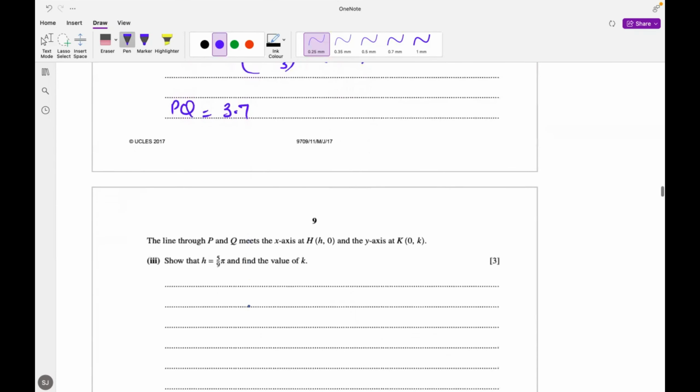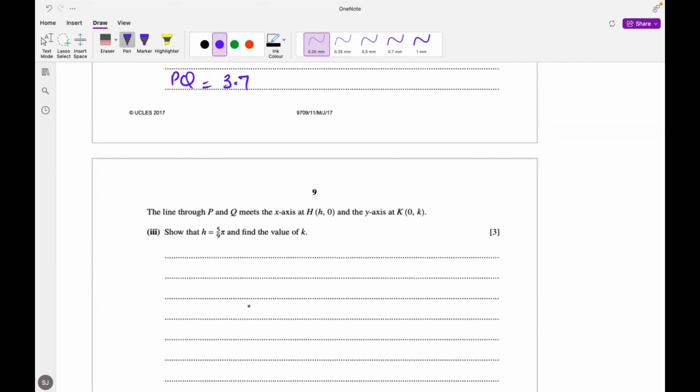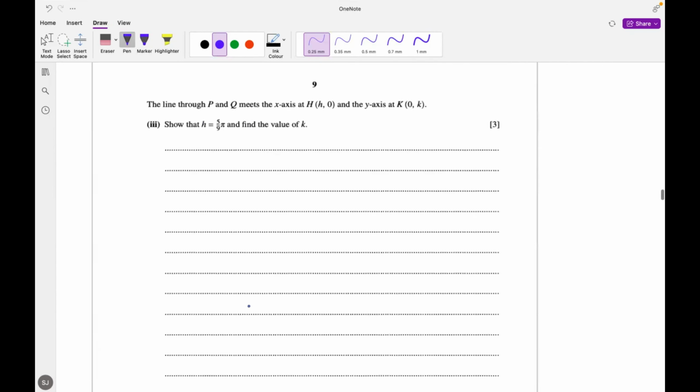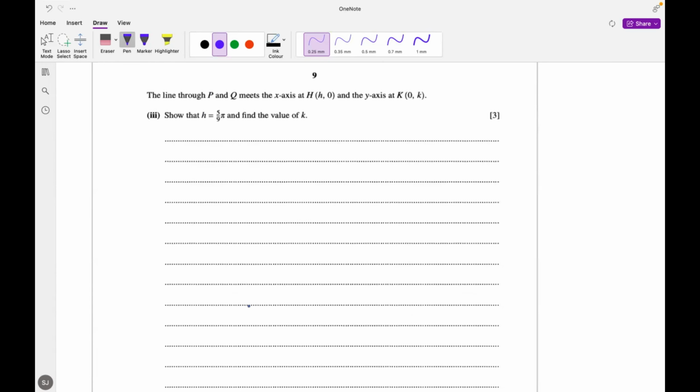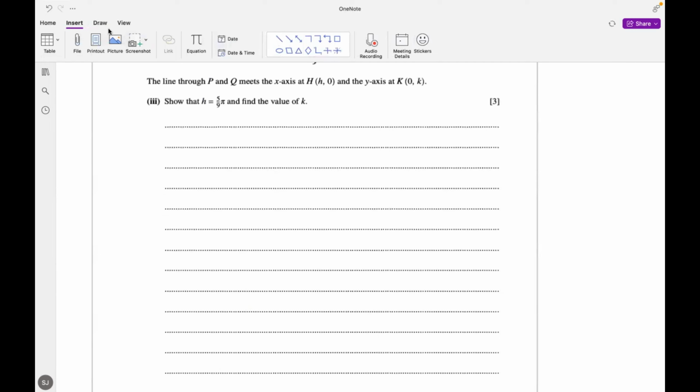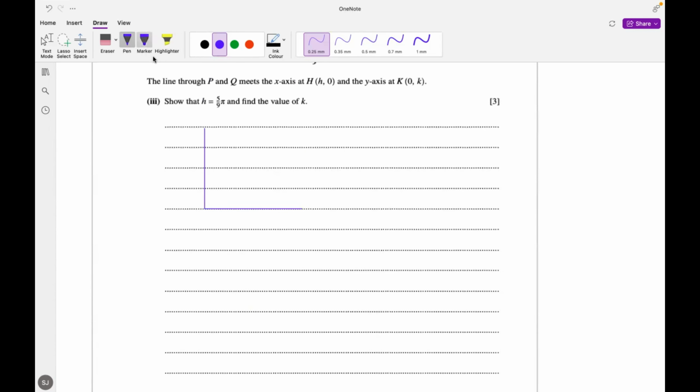Now it says in the next part that the line through P and Q meets the x-axis at H and the y-axis at K. We have to show that the value of h is 5 upon 9 pi, and we have to find the value of k. Now, to attempt this question, first let's understand what the question is actually asking us to do. So let's say we have the 2 points, and the line through those 2 points is intersecting the x and y-axis.